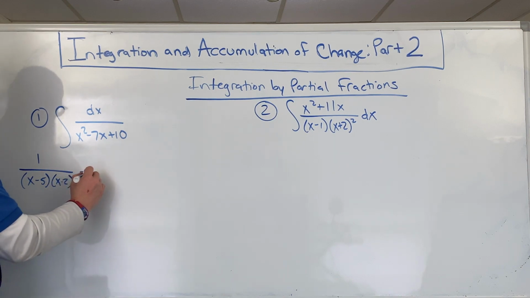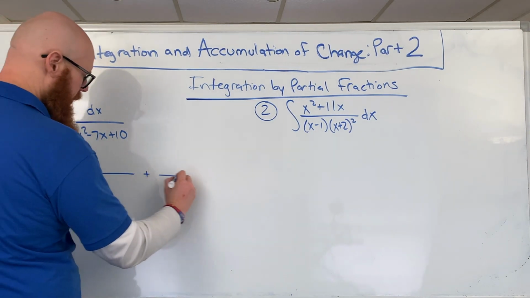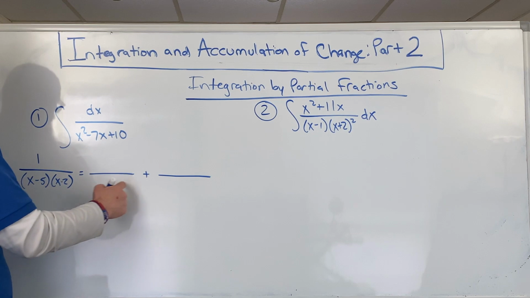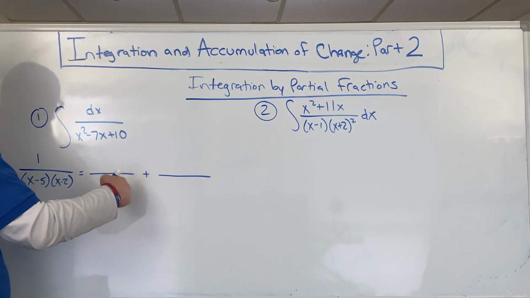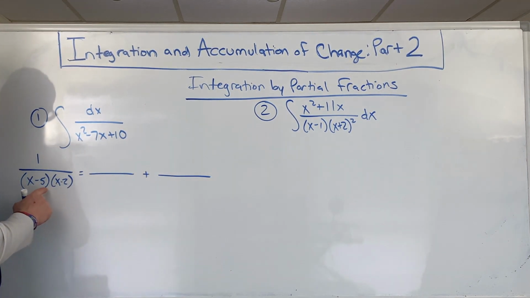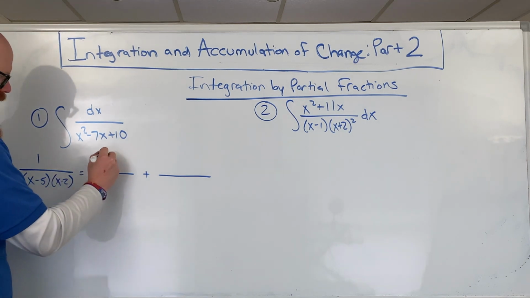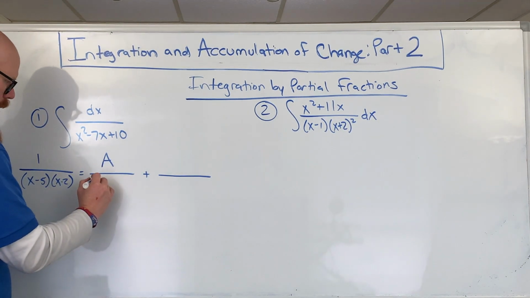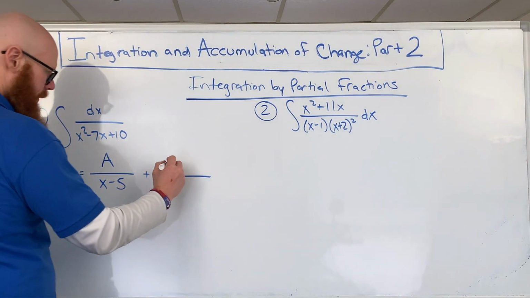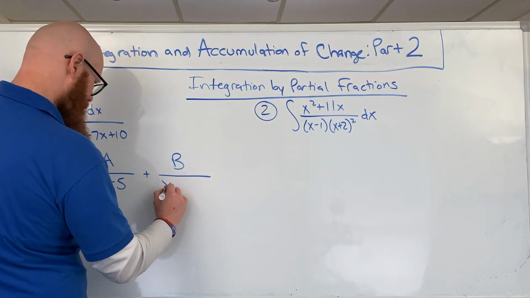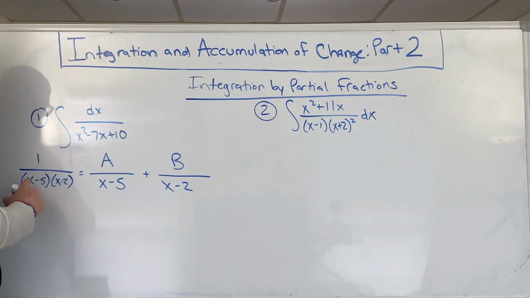Partial fractions are the opposite of getting a common denominator. I'm trying to figure out which partial fractions, when I get a common denominator and add them together, would give me this as an answer. So I'm going to have some constant over one of the factors and then another constant over the other factor. And I'm going to do some algebra.